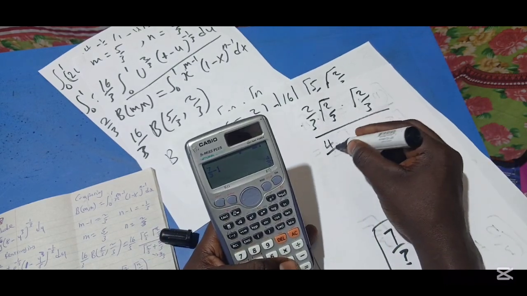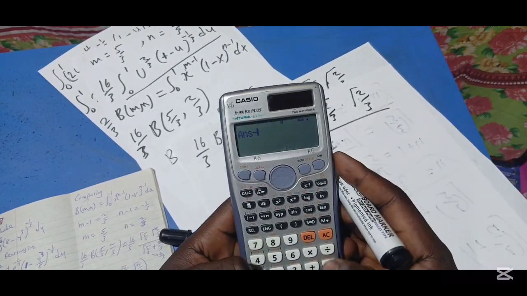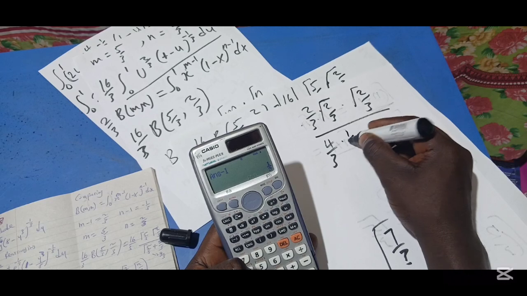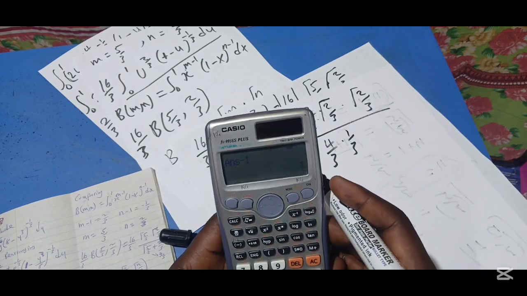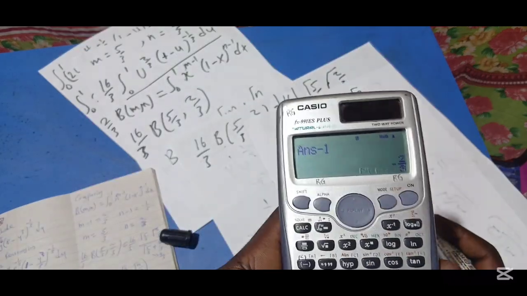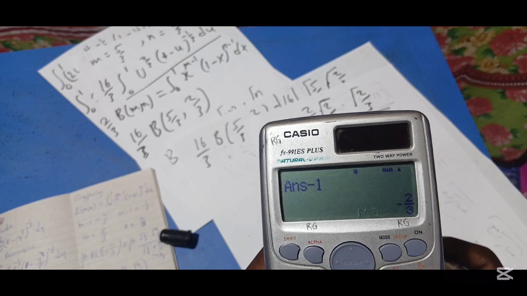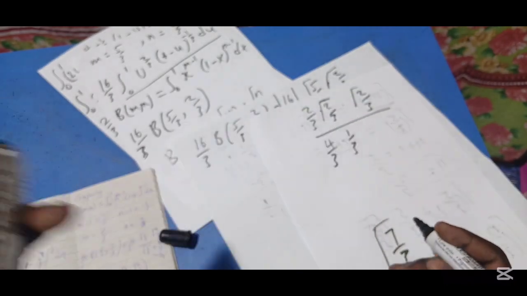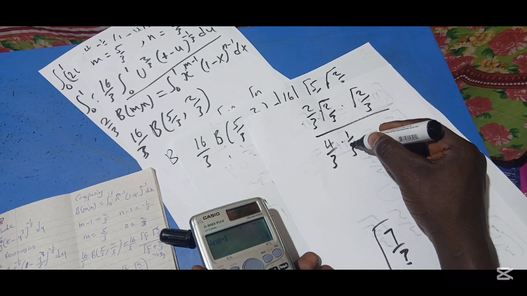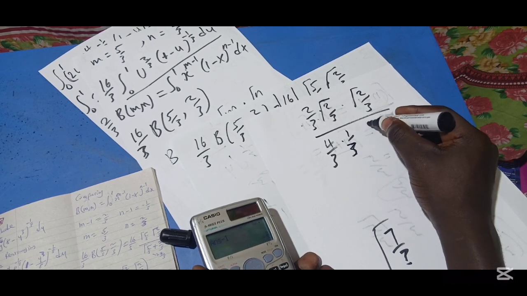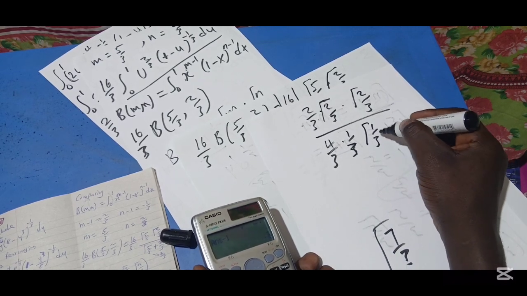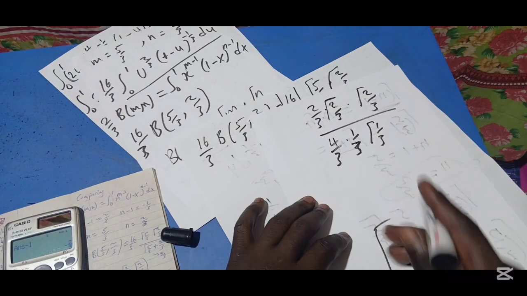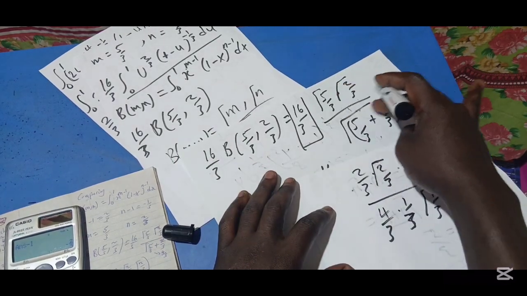So 4 on 3, minus 1 again. Get 1 on 3, subtract 1 again. Continue subtracting 1 up to a point that you get your first negative number or a half. Since we are getting a negative number, we'll just stop there. Where did we stop? Our last point is 1 on 3, so gamma 1 on 3. Now we are simplifying this expression, right?